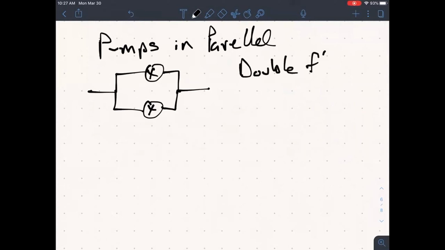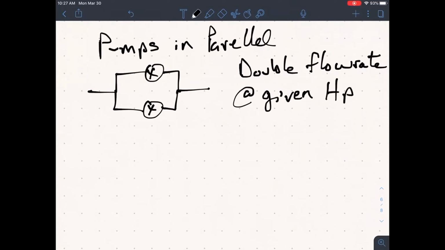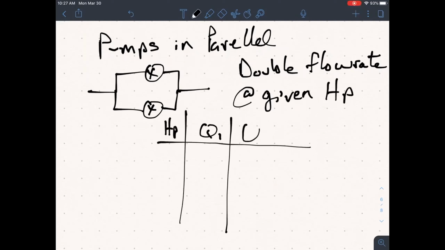We double the flow rate at a given head. And so what this would look like is we have flow rate Q1, and I'll just do HP here. So if our head looks something like this, 0.5, 1, 1.5, our discharge looks like this, 1, 2, 3, 4.